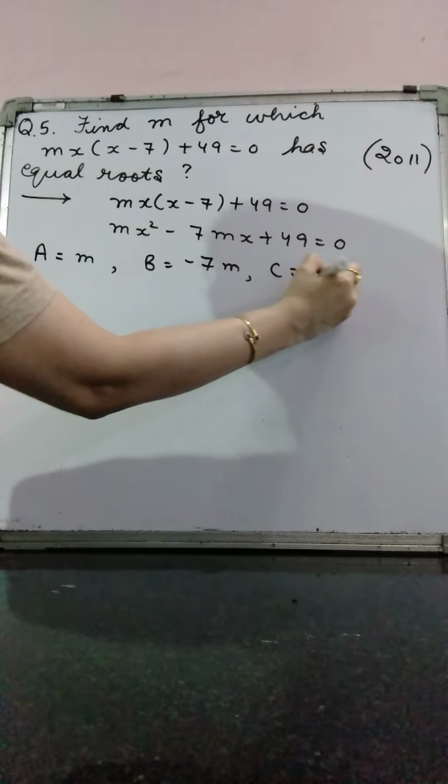For equal roots, condition is b square is equal to 4ac. Substitute values. Minus 7 square is 49. Cancel 49 and 49. You can cancel out constant but not variables.